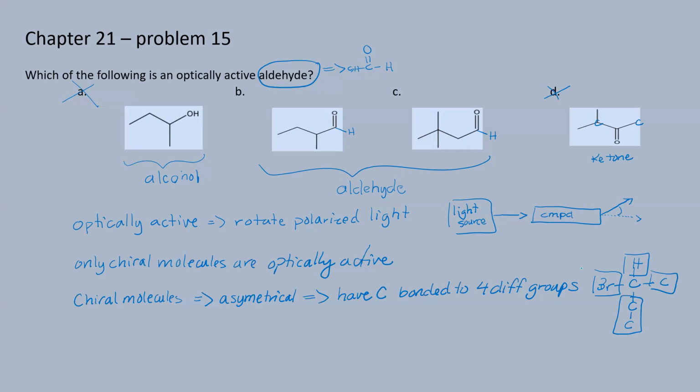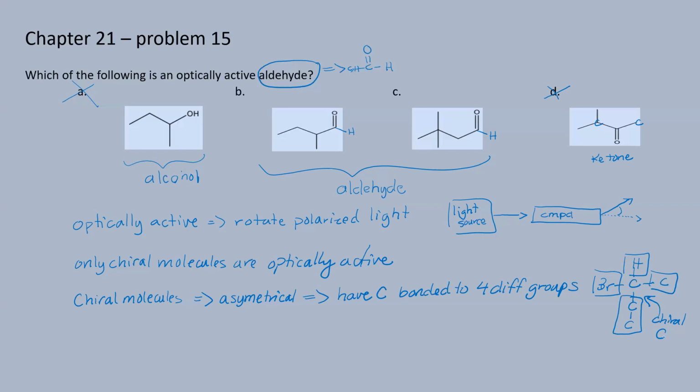So I would say that this is a chiral carbon. And I would say that the molecule as a whole is chiral. And because it's chiral, it's automatically optically active. Okay, so we're looking for a carbon bonded to 4 different groups in our structures.